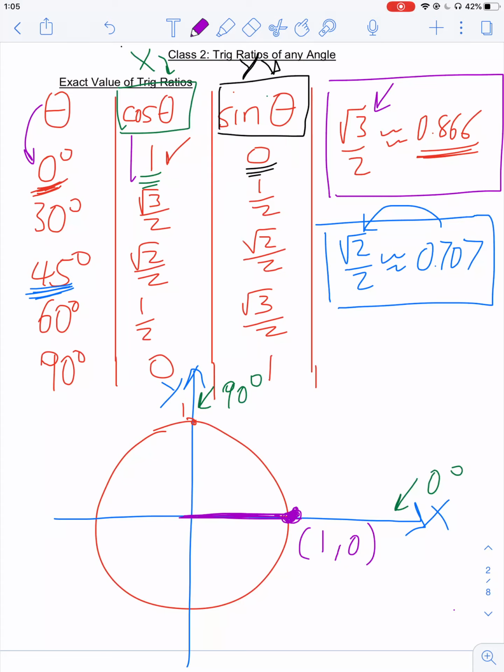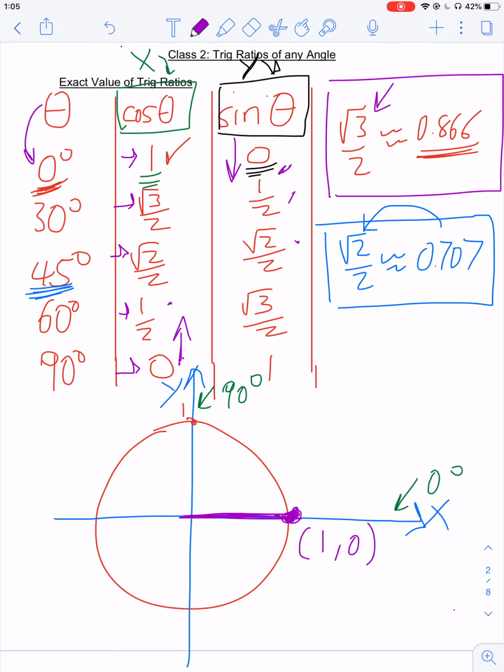And there's also a nice relationship. If you look at these numbers, you have 1, then square root of 3 over 2, square root of 2 over 2, half, and then 0. Sine also has the same values, but it's starting from what you have in the bottom over here and going upwards, so the direction is different. You start from 0, and the next one is a half, which is here, and then square root of 2 over 2.